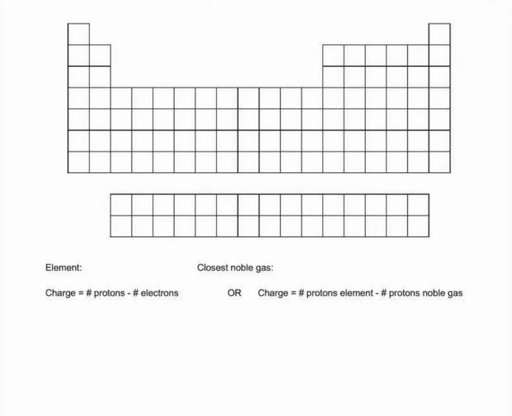For the last main group, we have group 18. These are the noble gases, and these are the ones we've been working with. So I'm going to take a look at argon. Remember, it has 18 protons. So our element, argon, 18 protons.